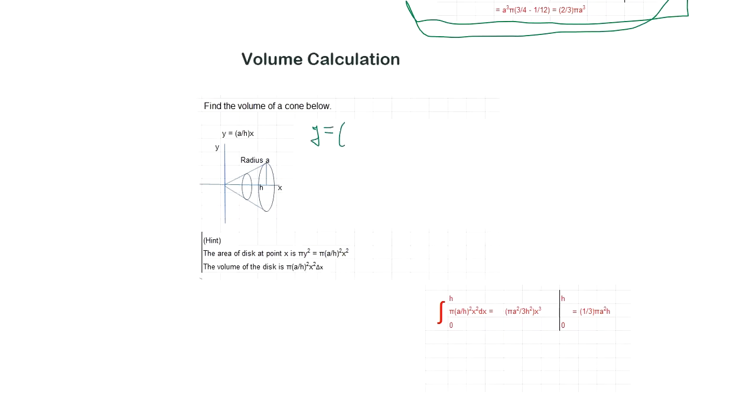Y equals a h x, it's already given. Okay, so this is h, and we consider the disk.